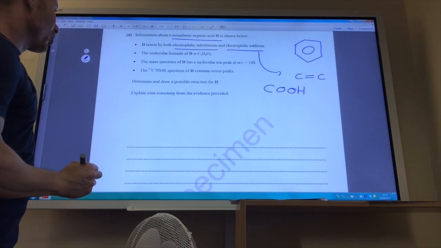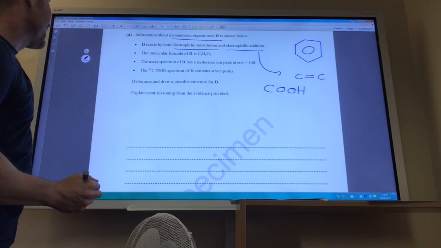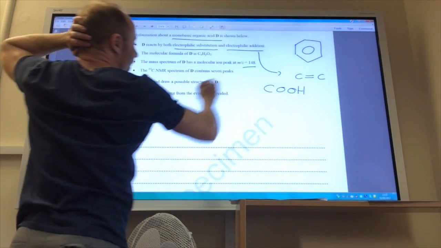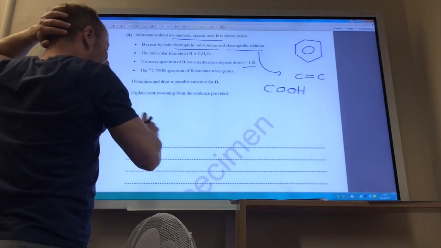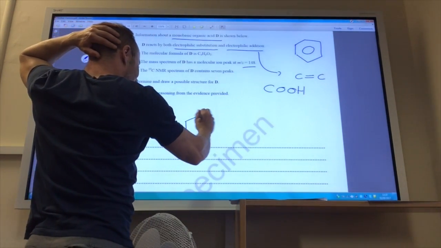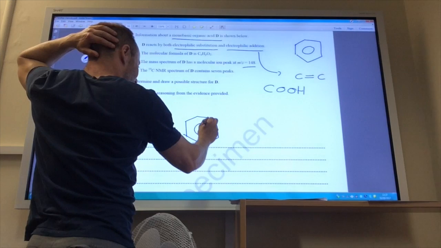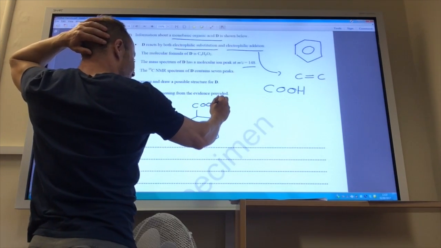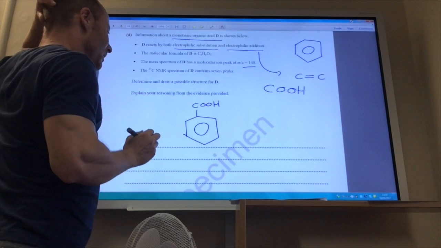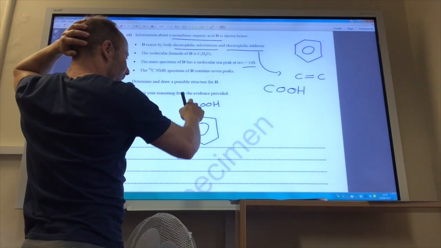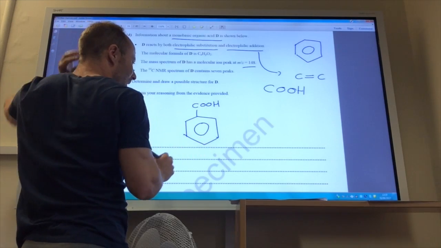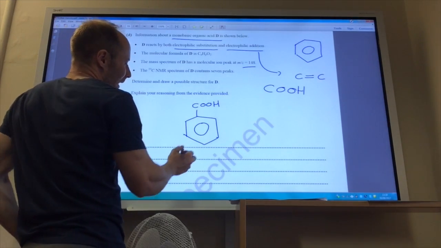Okay, it wants me to determine a possible structure for D. I can only have 7 peaks in the NMR, and the molecular ion peak comes in at 148. So I know I've got this coming on, and I know I've got a carboxylic acid group. So at the moment I have got 1, 2, 3, 4, 5 carbon environments.